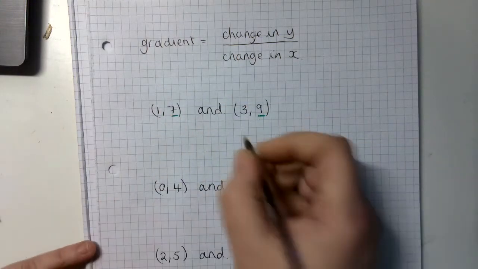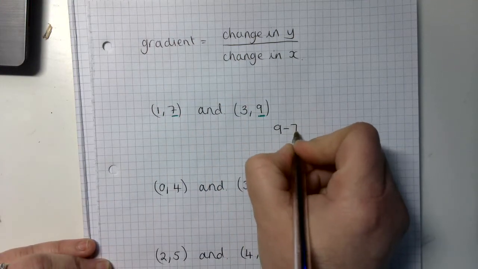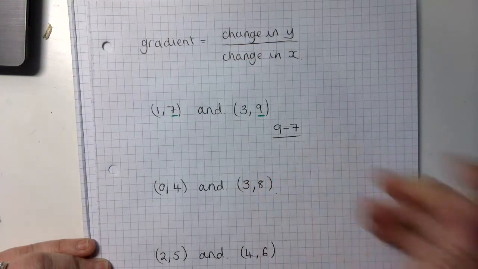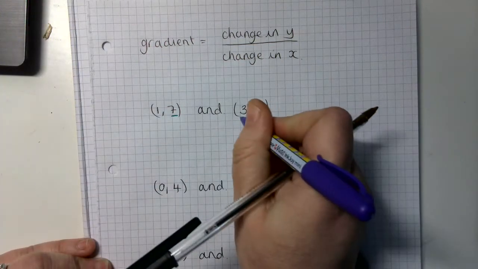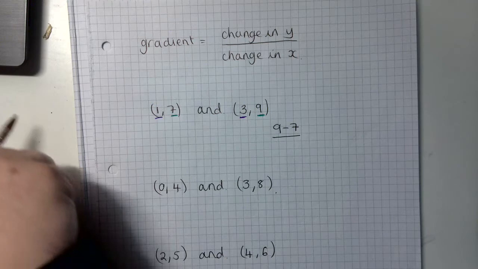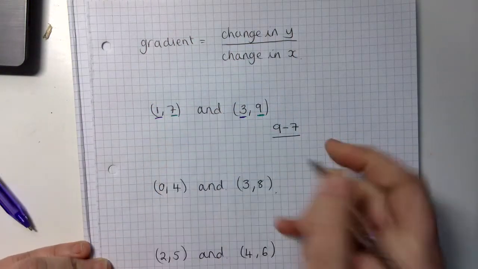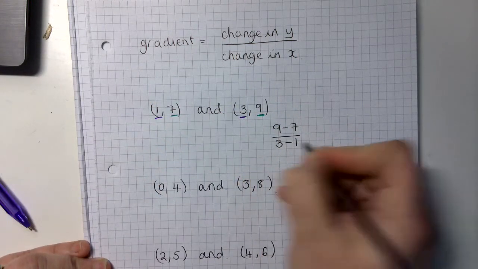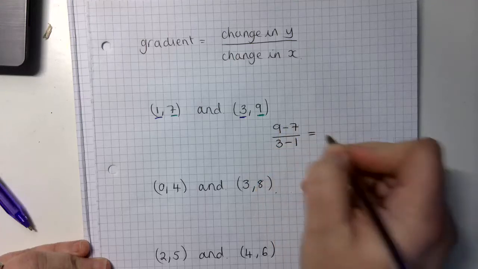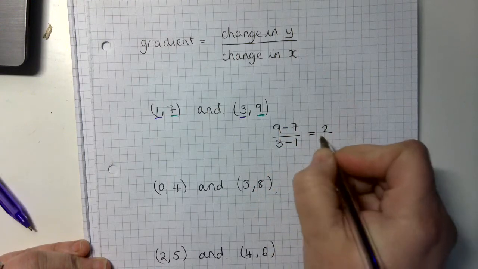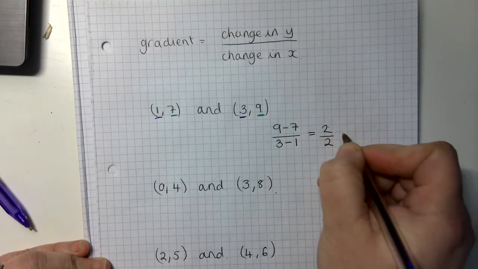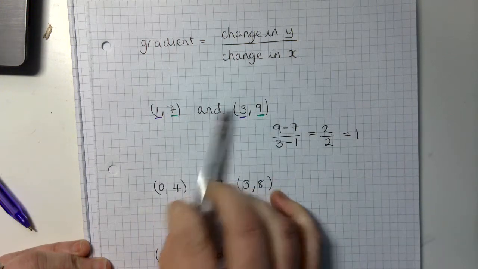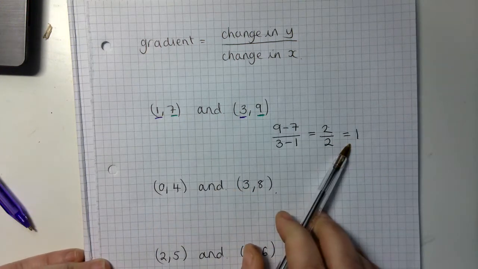So we would do 9 take away 7 divided by, and we've got our x coordinates. And again, we always go from second to first. 3 take away 1. So 9 take away 7 is 2. 3 take away 1 is 2. 2 divided by 2 equals 1. So the line that joins these points would have a gradient of 1.